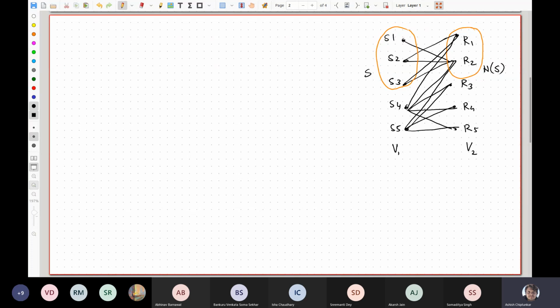Okay, so let us set up some notation over here. This is some notation.